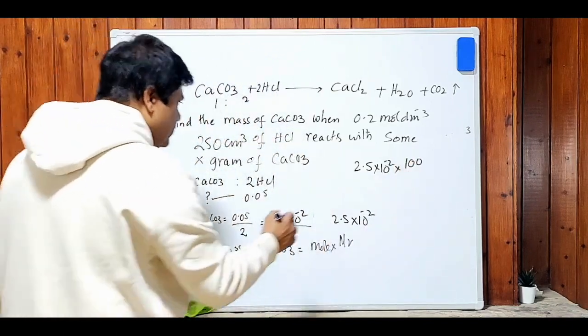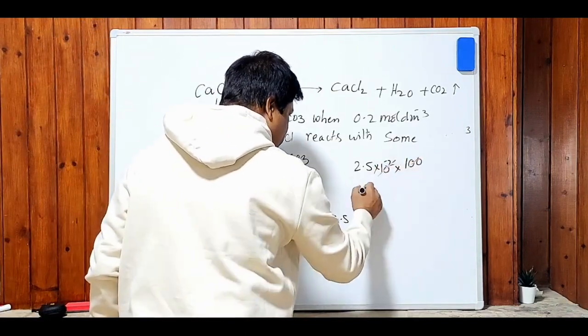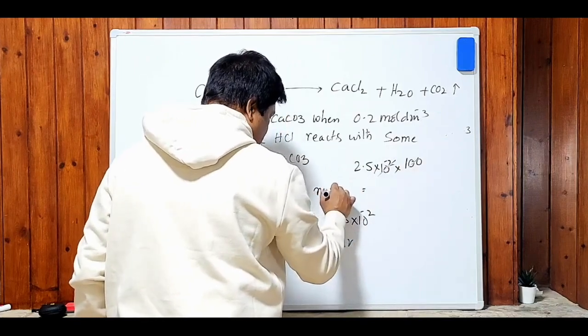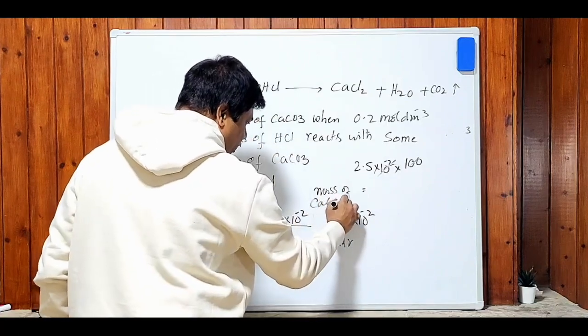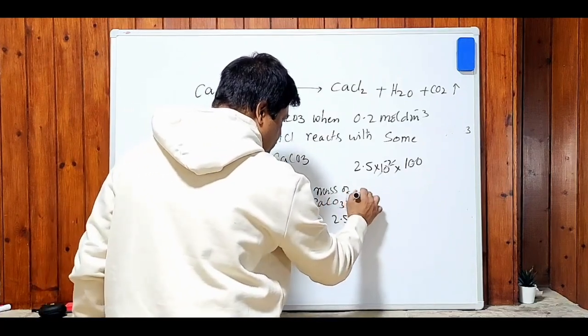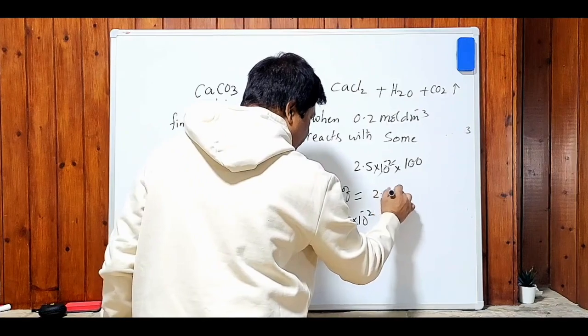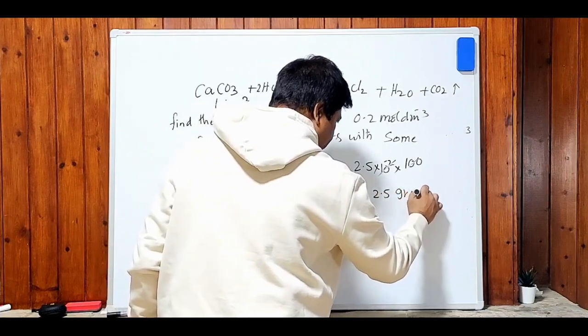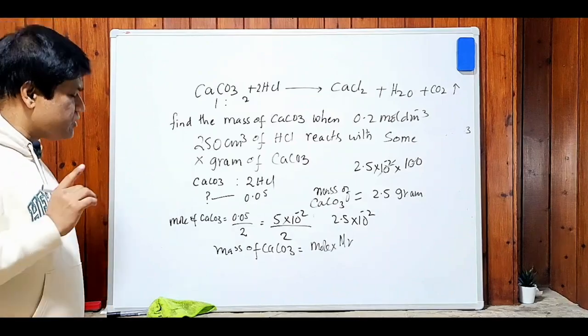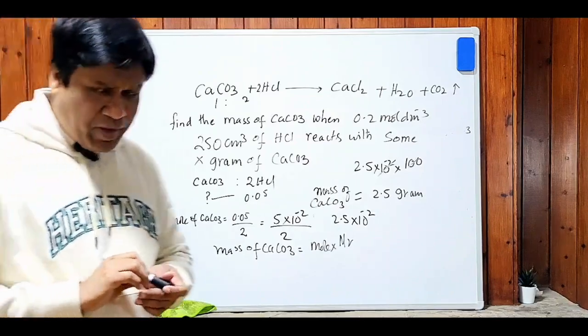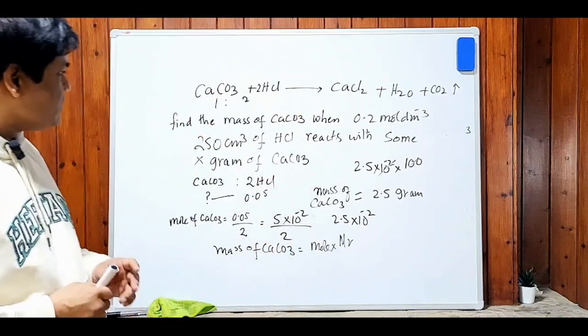So again, this cancels. Mass of CaCO3 equals 2.5 gram. You can expect this type of question in your examination. So please practice this type of question.